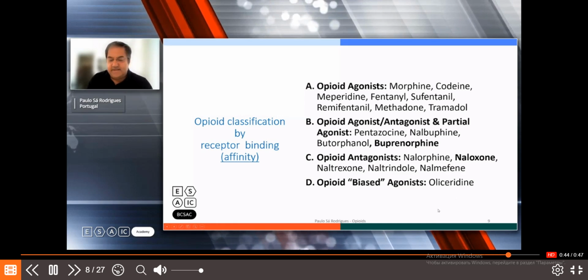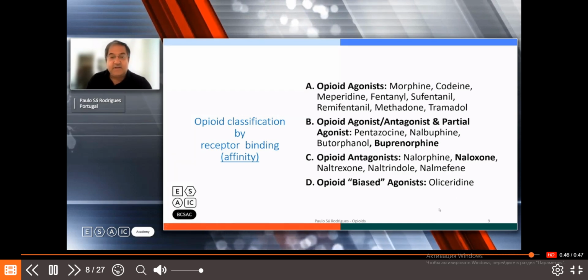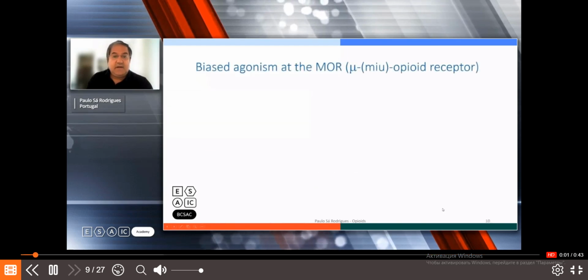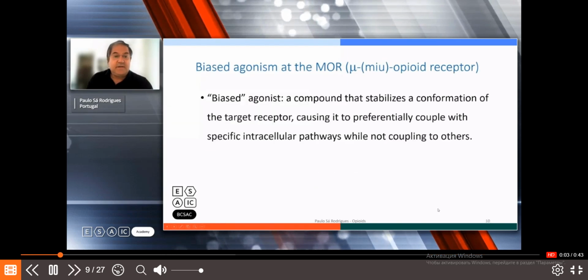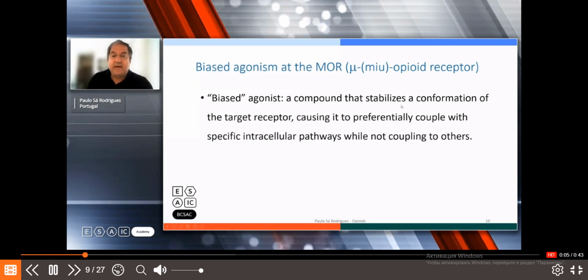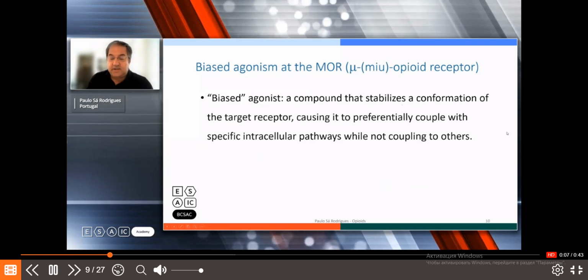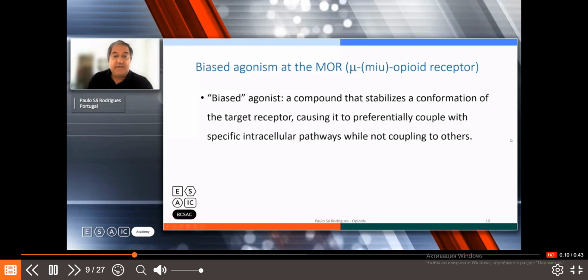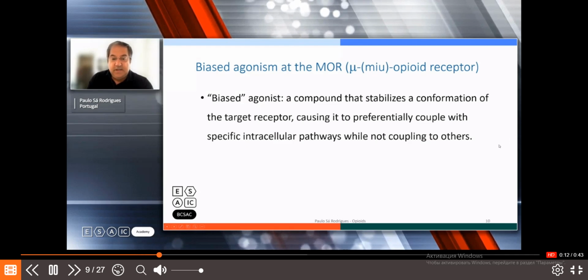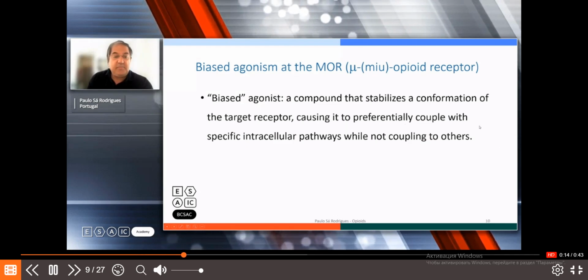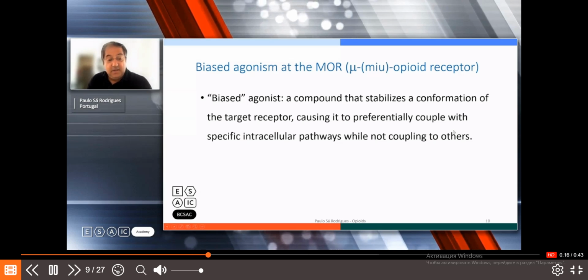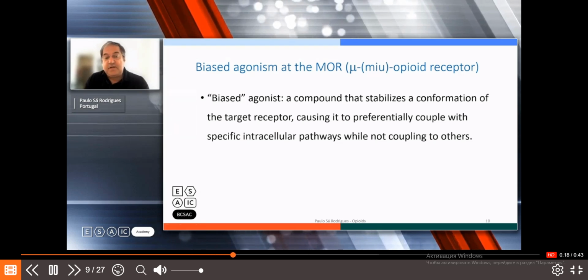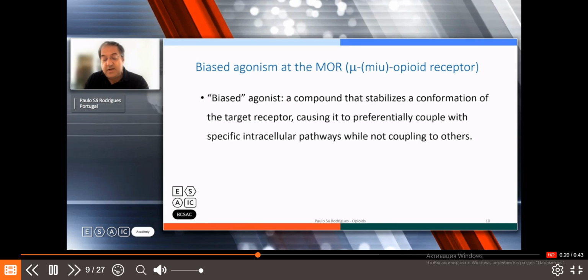So what is this of the biased agonists? It's drugs or compounds that stabilize a conformation of the target receptor, in this case the mu opioid receptor, causing it to preferentially couple with a specific intracellular pathway while not coupling to others.